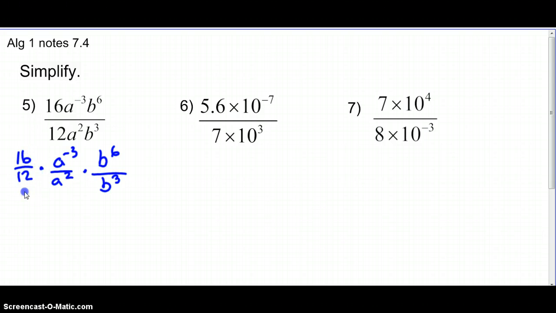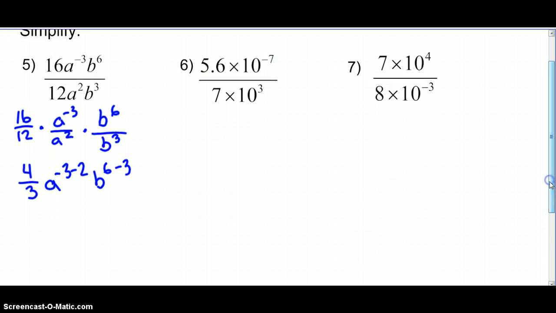16/12. I know 4 goes into each of these numbers, so I'm going to rewrite that as 4/3. A to the negative 3 divided by a to the 2 is another way we could write that as a to the negative 3 minus 2 power. And then here we'd have b to the 6 minus 3 power.